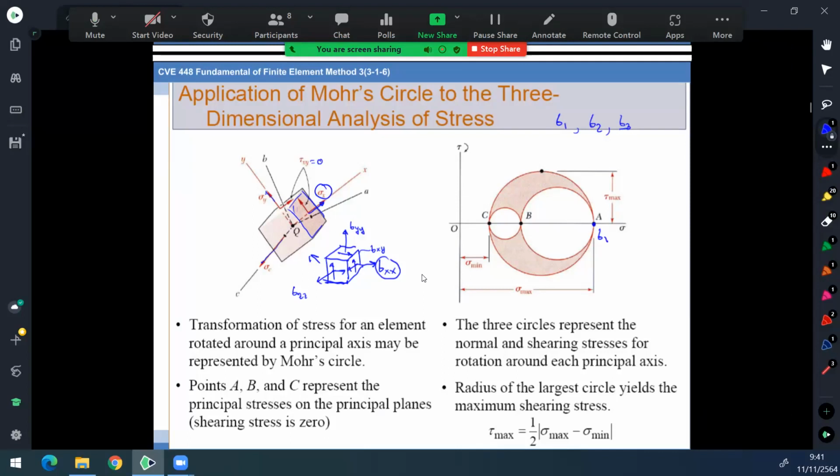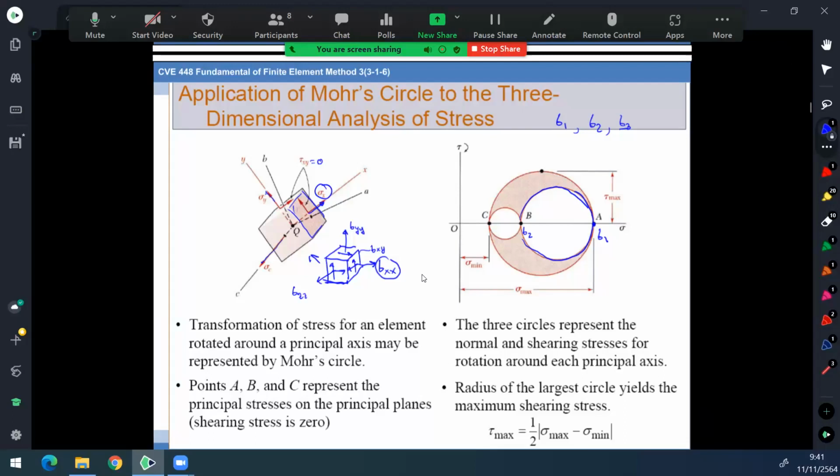Okay, so if we consider plane 1, 2, we have sigma 1 and sigma 2. We have this circle. That is the first plane that we consider, compared with the plane problem where we have just three components.